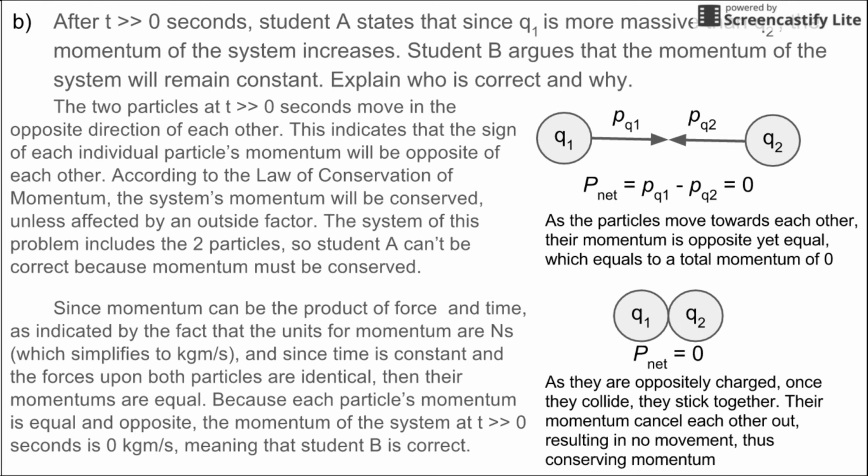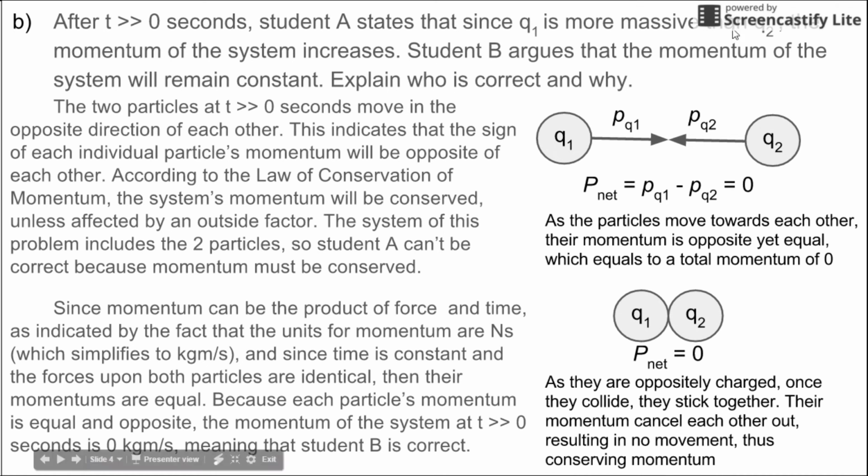We have to keep in mind that the law of conservation of momentum states that a system's momentum will be conserved unless there's an outside factor that affects it. And since we assume that the system is the two particles together, if we're talking about the momentum of the system, then we're talking about both particles combined.